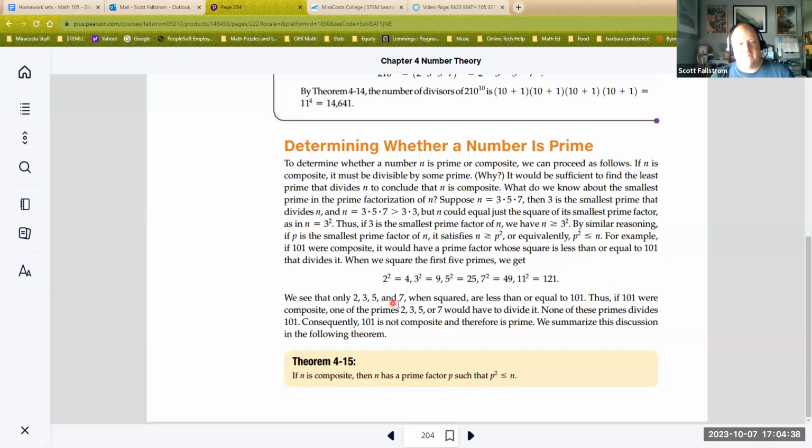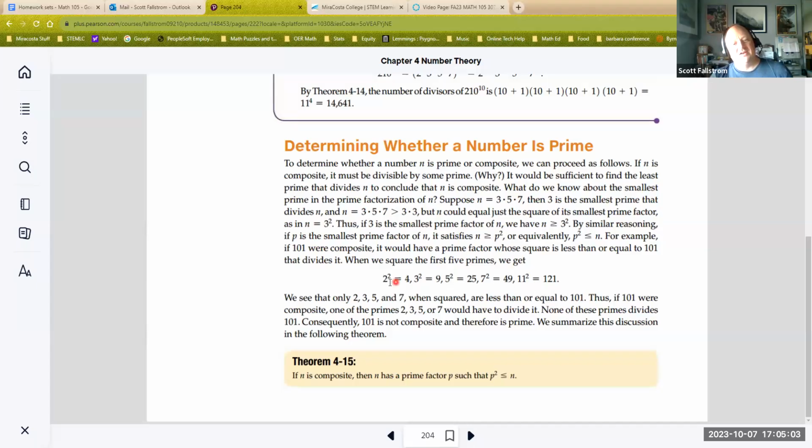All right. So what we have is these beautiful squares, and this again is kind of like The Price Is Right. When you look at these perfect squares, you get to see why, if I'm looking at a number like 101, is 101 prime? Well, we can square our prime numbers and see that 101 is between 7 squared and 11 squared.